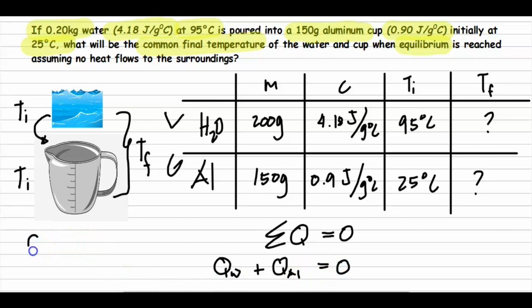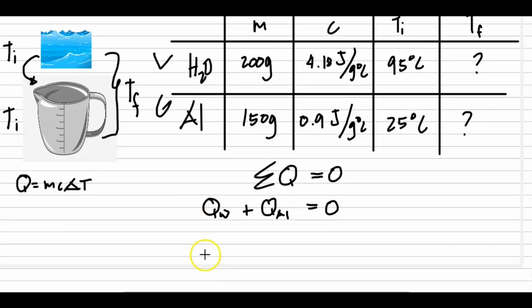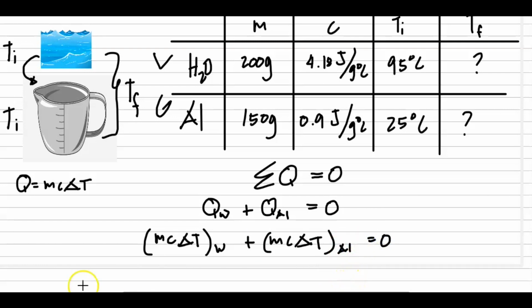We will be using the specific heat formula. So, the mass of water times its specific heat multiplied by the change of its temperature, plus the mass of the aluminum cup multiplied by its specific heat times change of its temperature. All of this will be equal to 0.